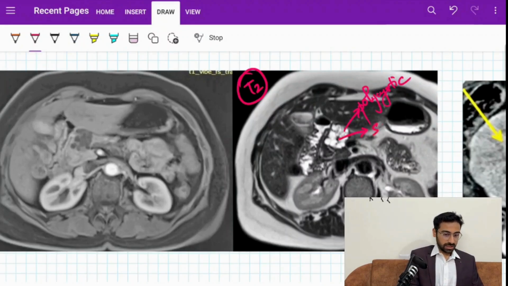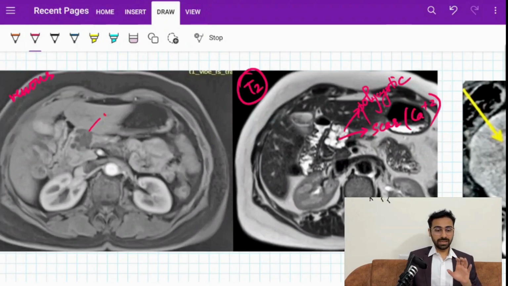This is the venous phase of the contrast enhanced MRI. We can see that only the peripheral rim is mildly enhancing and few of the septae are enhancing. So this is likely a benign lesion, not a malignant one.